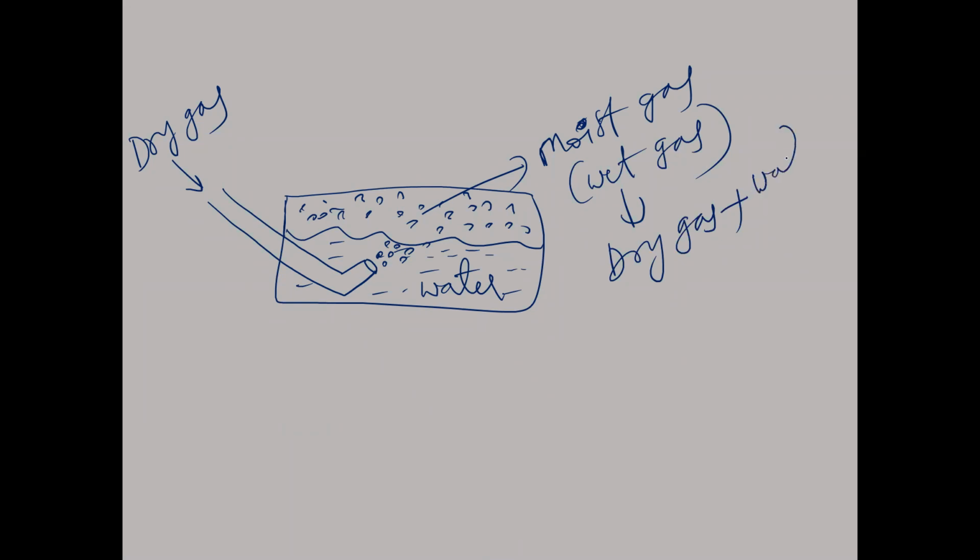Already, above the surface of water, some water vapor is present, and the dry gas is collected above the surface of water. So whenever we collect a gas above the surface of water, it is moist gas or wet gas.